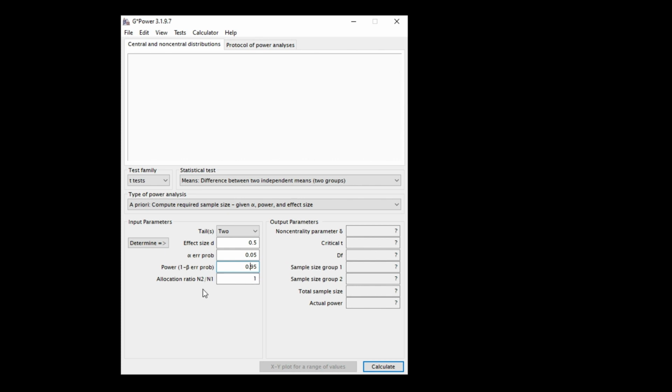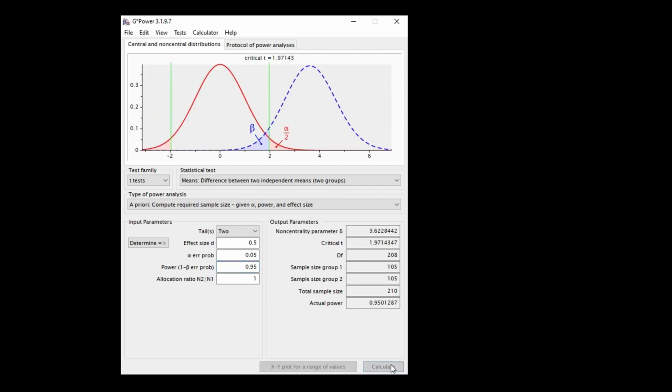So that's just saying that your sample sizes for the treatment and comparison group will be the same, so the ratio will be 1 here. And then I hit calculate, and then it gives me the estimated total sample size of 210 people, 105 in the one group and then 105 in the other group.